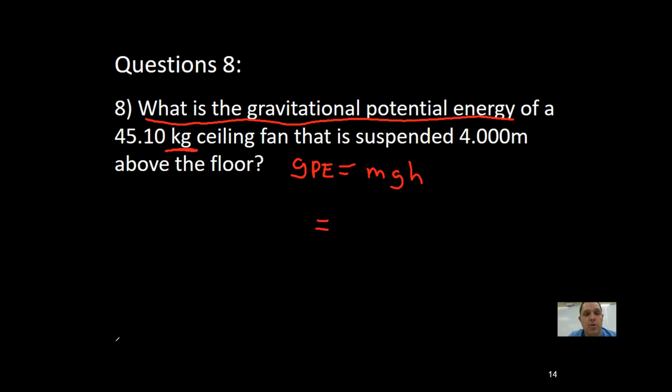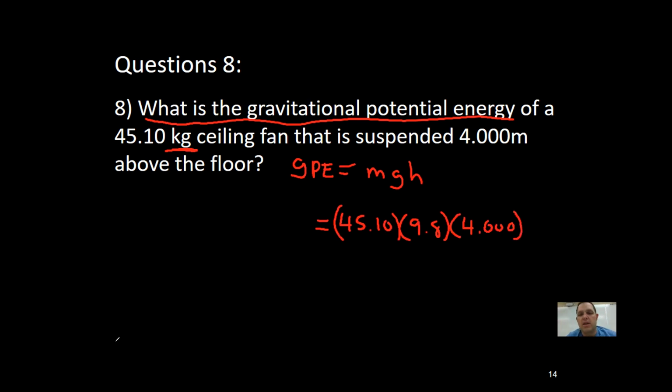I didn't try to trick you and put grams. So we can start with that number, 45.10. And help me again, what's G? That's gravity. That is 9.8. And H is height. Do we have height? We sure do. And we know that one's in meters.